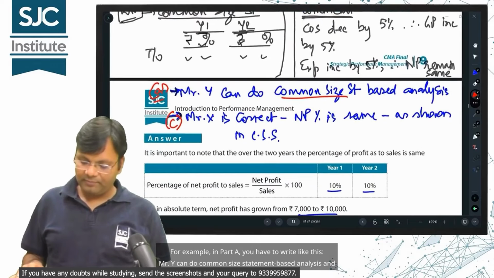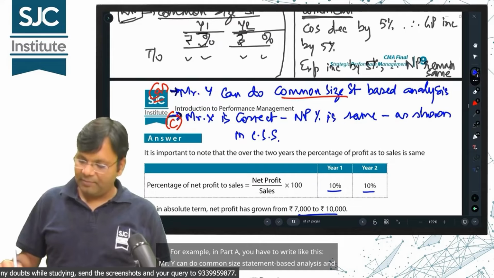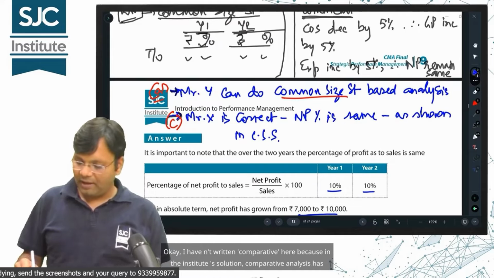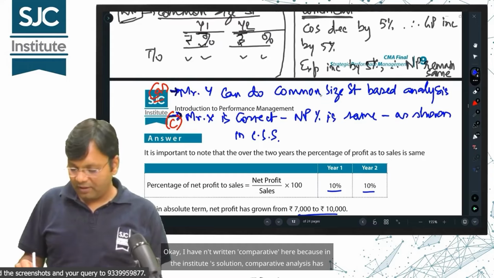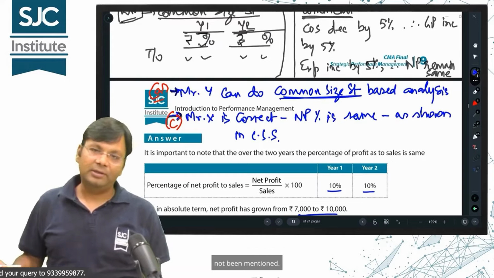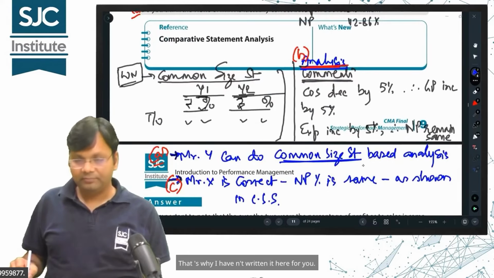For example, in part A, you have to write like this: Mr. Y can do common size statement based analysis and comparative statement analysis. Okay, I haven't written comparative here because in the Institute solution, comparative analysis has not been mentioned. That's why I haven't written it here for you.